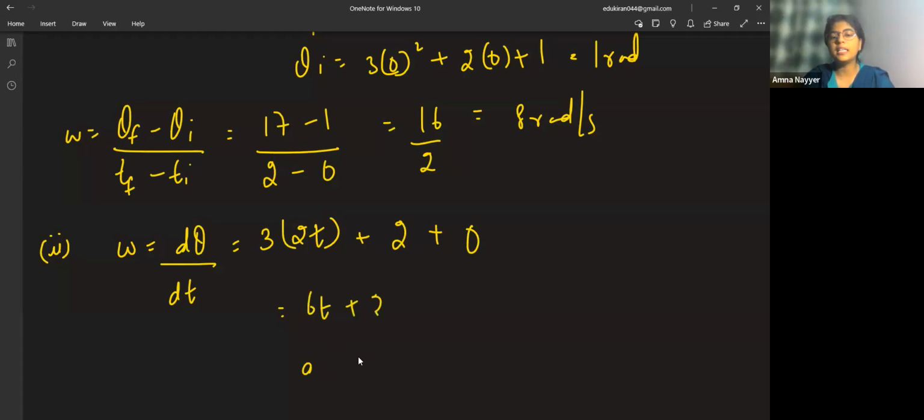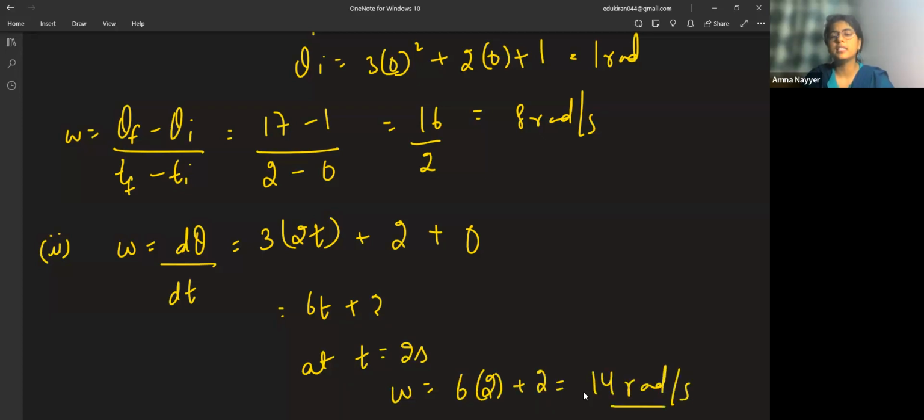Now at t equal to 2 seconds, omega will become 6 into 2 plus 2, which is 14 radian per second. One very similar question we had done in the linear one also. But this is angular, so it is a revision of your calculus and of how to apply the same thing in your rotations. This can come from your rotational motion also.